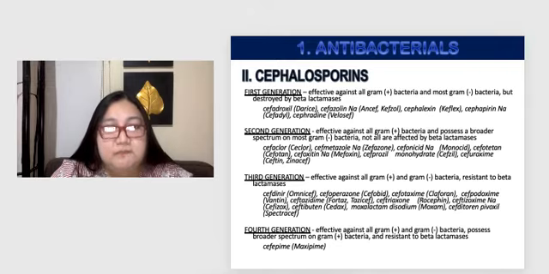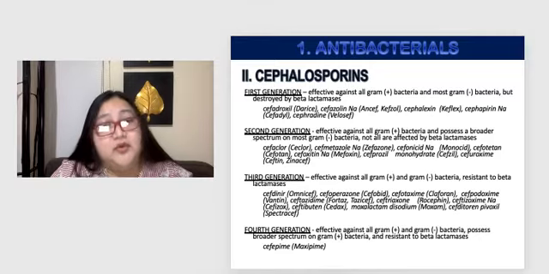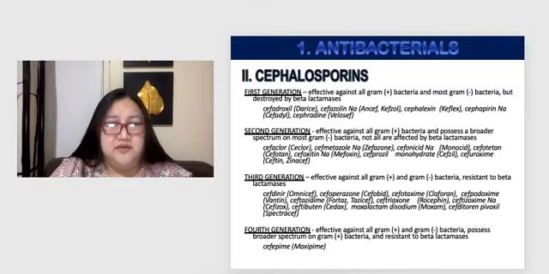Third gen, effective siya all gram-positive and all gram-negative and resistant to beta-lactamases. Okay? And the fourth gen, gram-positive, gram-negative, all, they possess broader spectrum sa gram-positive and again, resistant to beta-lactamases.